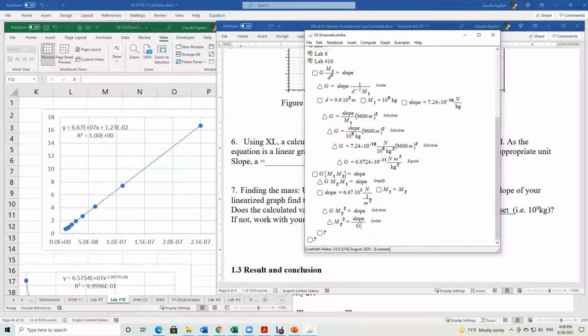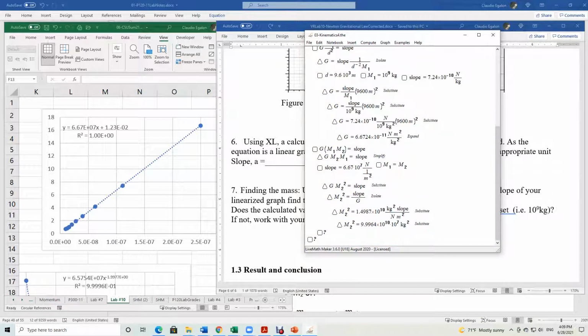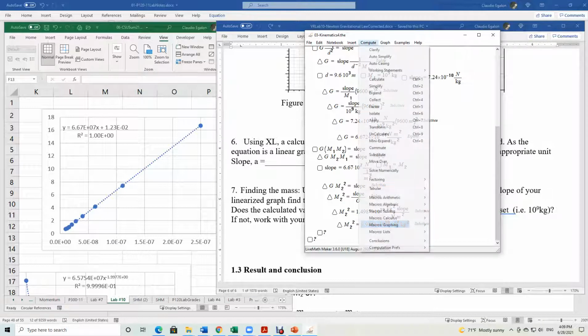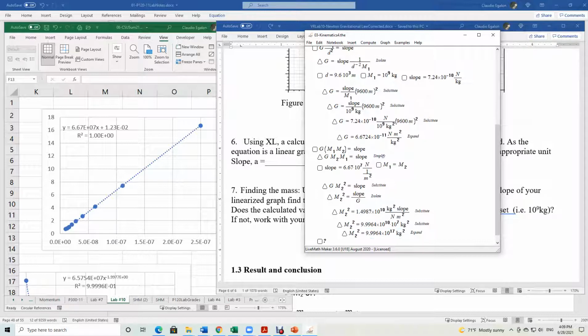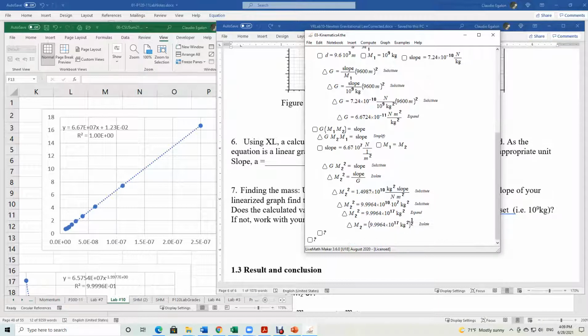We use the G that we got before. Let's put it here. We use the slope that we got from the plot. Here you go. And we're almost there. Expand. We solve for M2. Here you go.